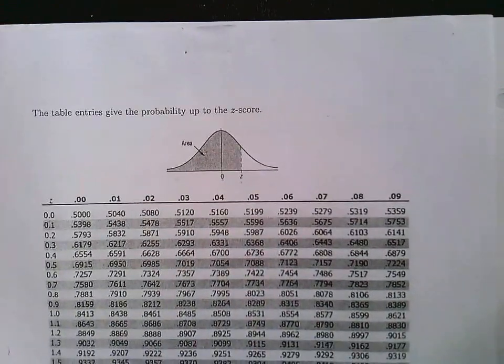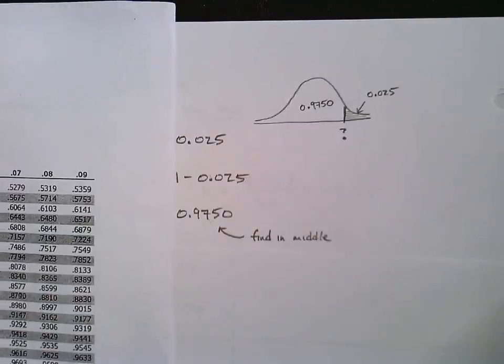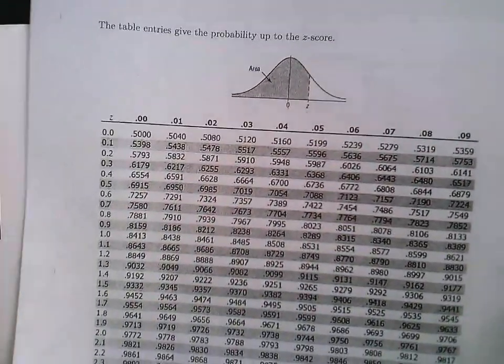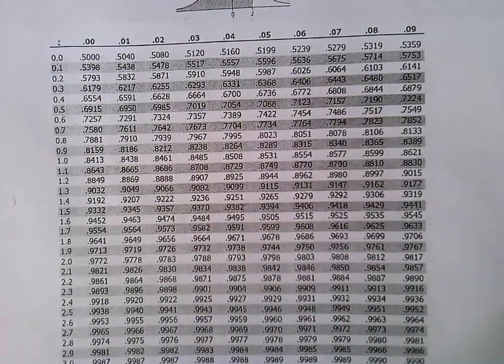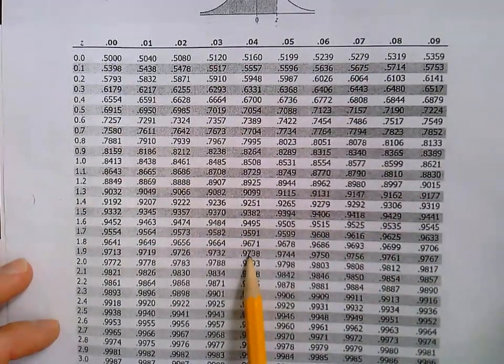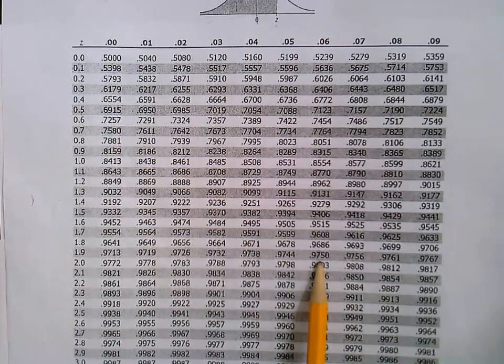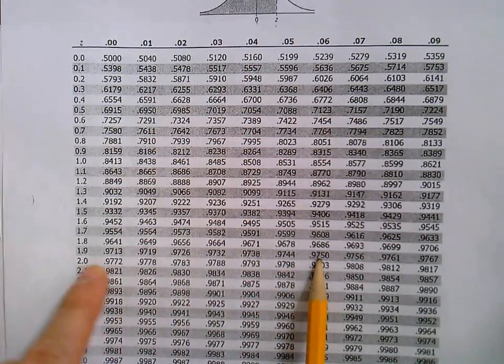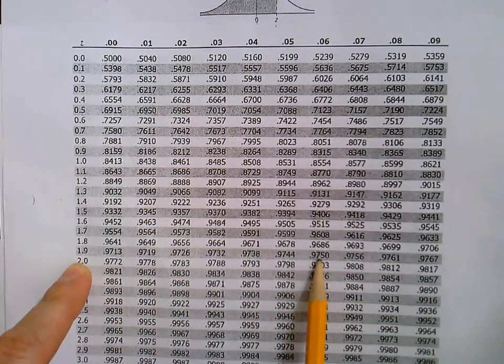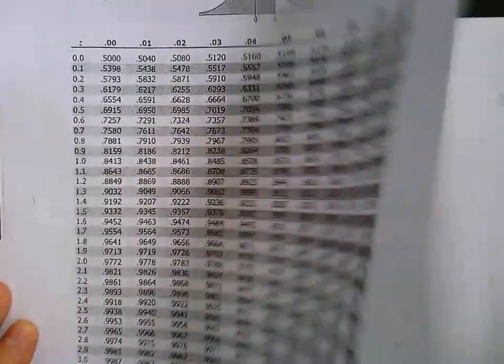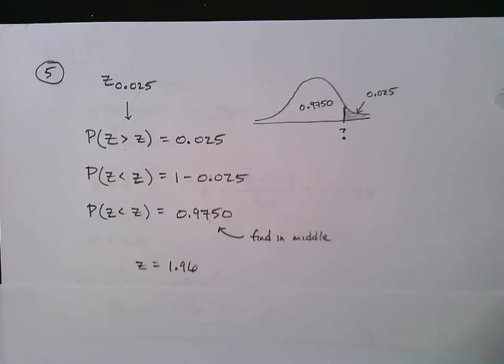So we're going to look at the positive z-scores. What was that number again? 0.9750. Okay, now we just got to hunt for it. 0.97. There it is. Found that one pretty quick. 0.9750. What is that z-score? 1.96. There it is.